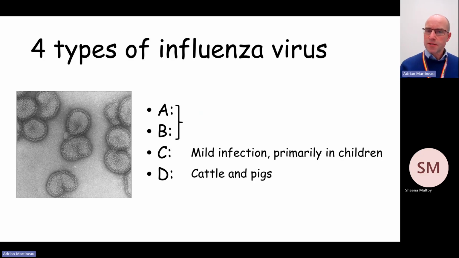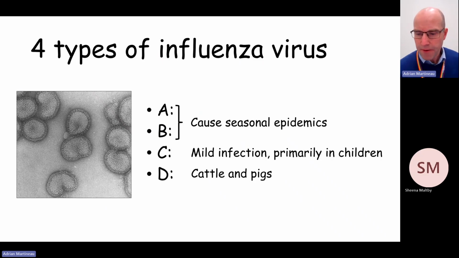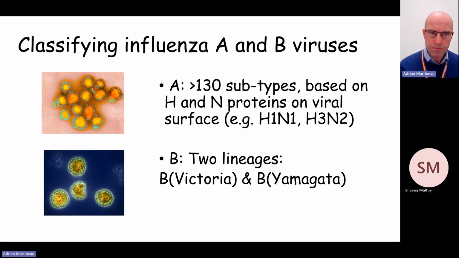And influenza C tends to manifest as a relatively mild infection, primarily in children, so it's not something that we routinely vaccinate against. By contrast, flu A and flu B are the causes of seasonal epidemics, and so flu vaccines contain vaccines which vaccinate against these two variants or types.